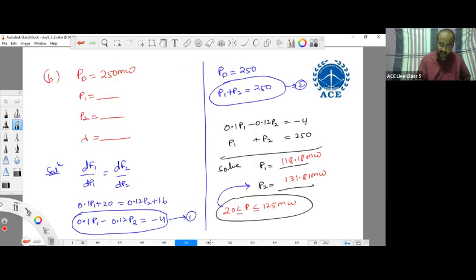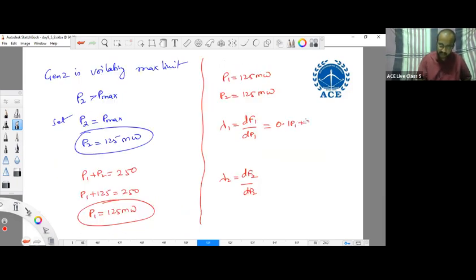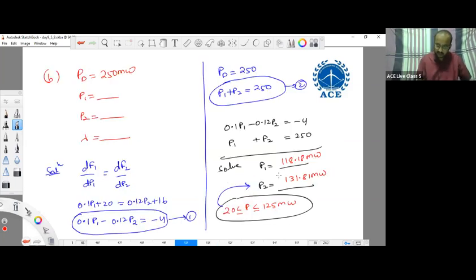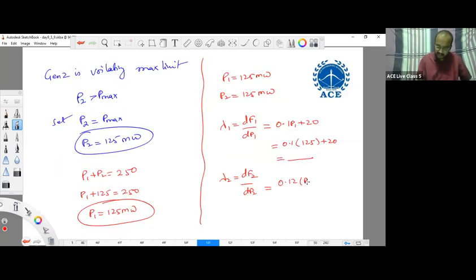So how do you calculate dF1 by dP1? 0.1 P1 plus 20. That is 0.1 into 125 plus 20. Calculate lambda 1. How much do you get? And dF2 by dP2 is 0.12 P2 plus 16, so 0.12 into 125 plus 16.